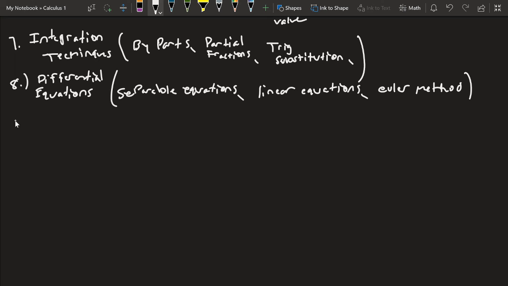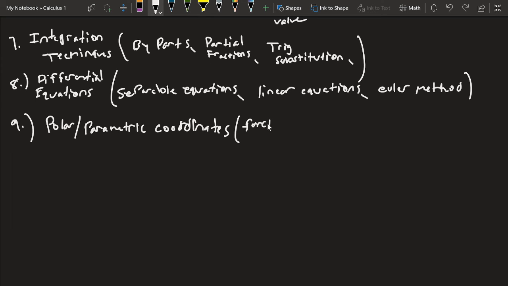Next, for Chapter 9, we'll delve a little bit into different coordinate systems, such as polar and parametric coordinates, and how to find various functions. Ultimately, we'll learn how to write a function in polar or parametric coordinates.